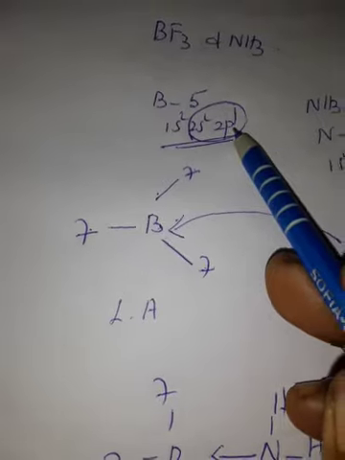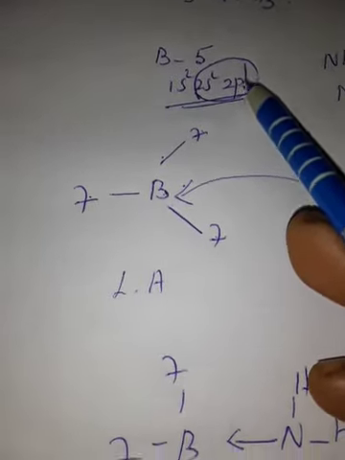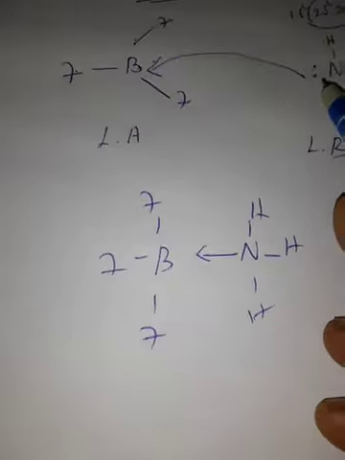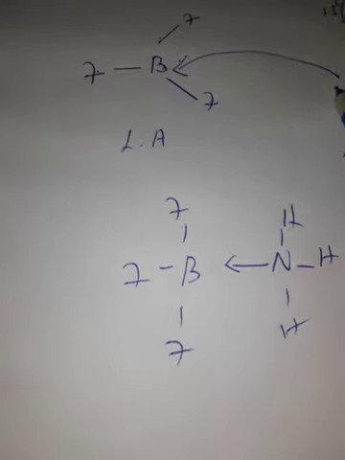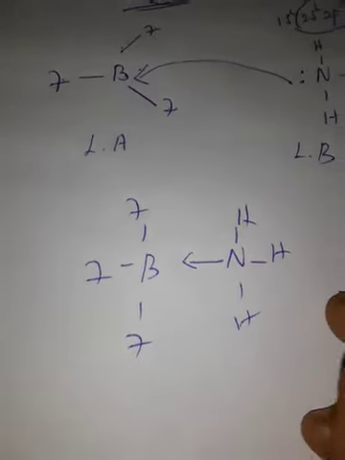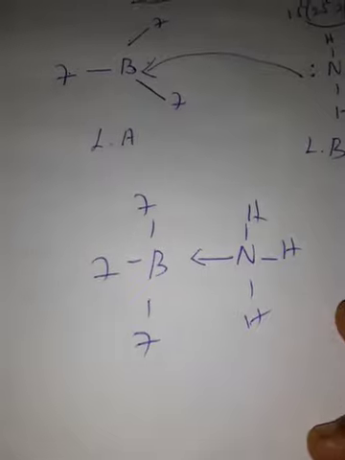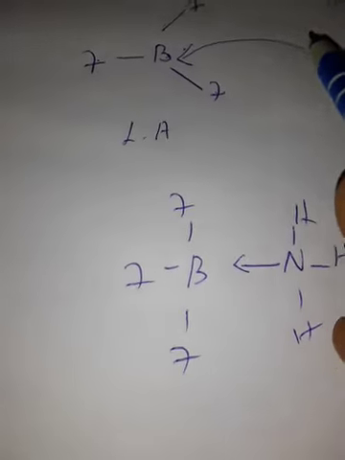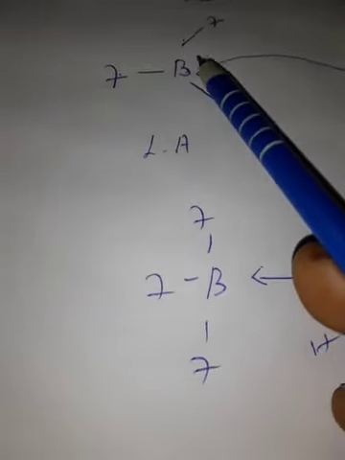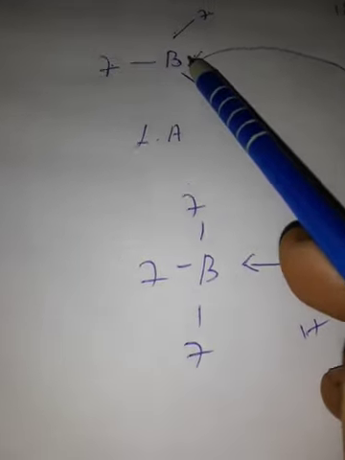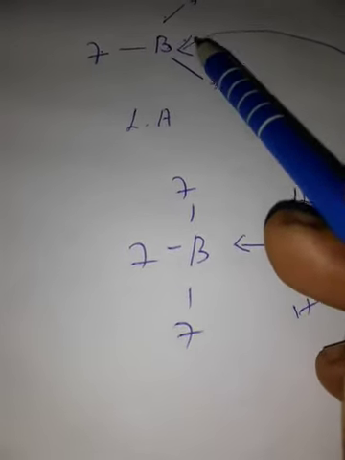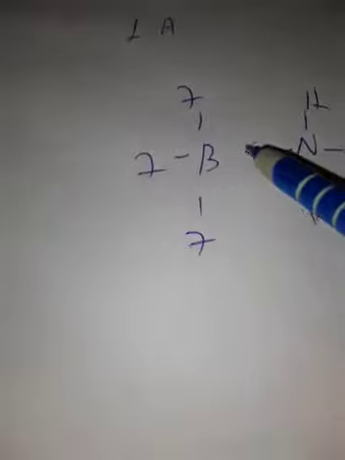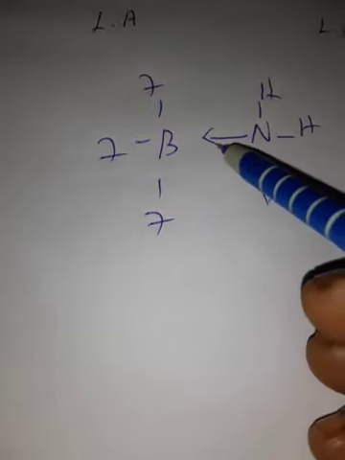Those 2 electrons it got from ammonia, that is nitrogen. So ammonia acts as a Lewis base which donates the electron pair, and BF3, which accepts, is called an electron acceptor or Lewis acid. So it formed a coordinate covalent bond, shown by a one-headed arrow.